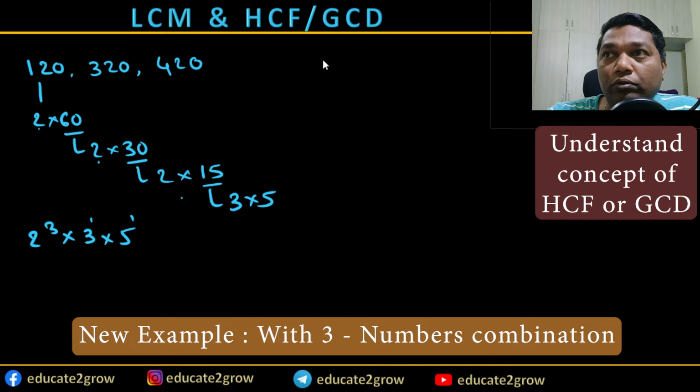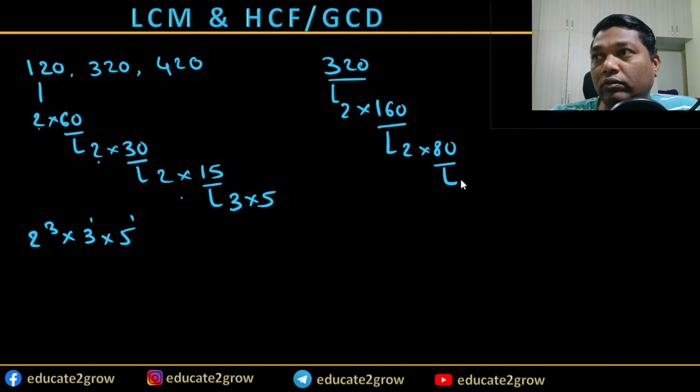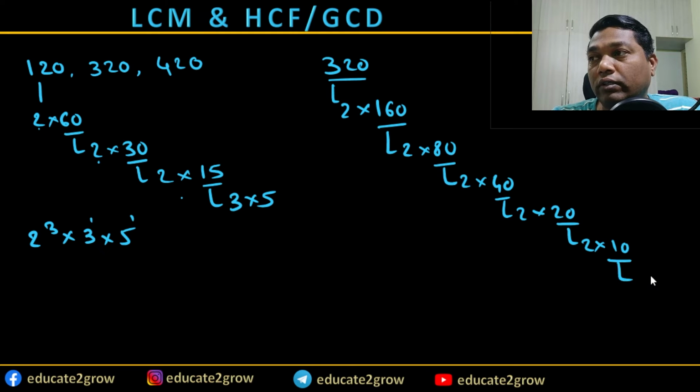Let's do 320. Here 2 into 160, 2 into 80, 2 into 40, 2 into 20, 2 into 10, 2 into 5. How many 2s? 2, 3, 4, 5, 6. So here it is 2 to the power 6 and 5 to the power 1.